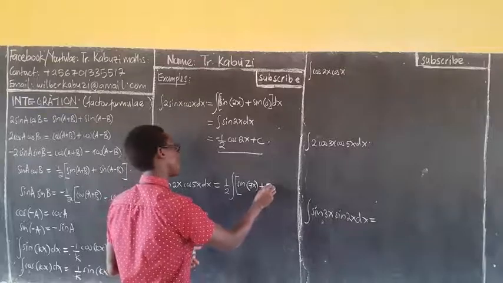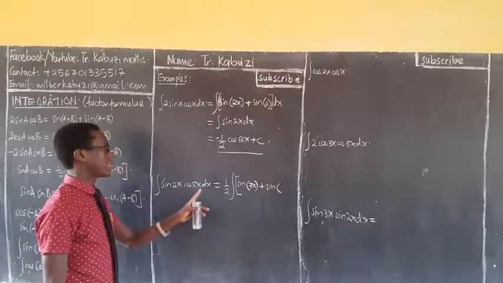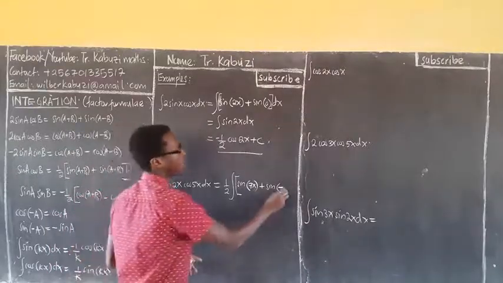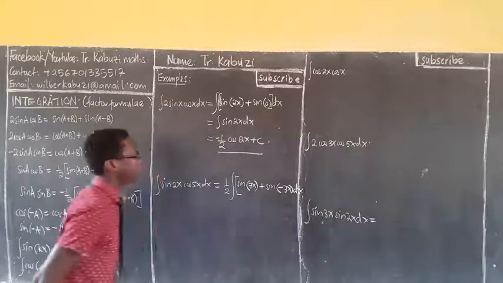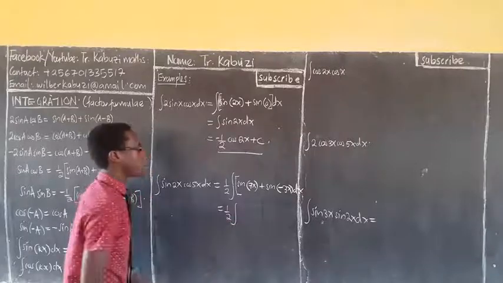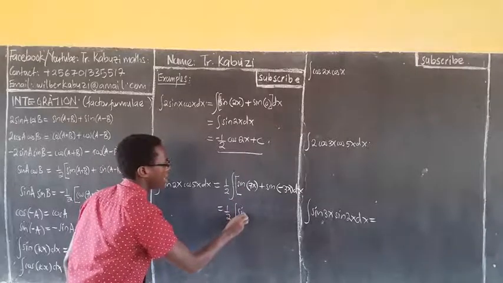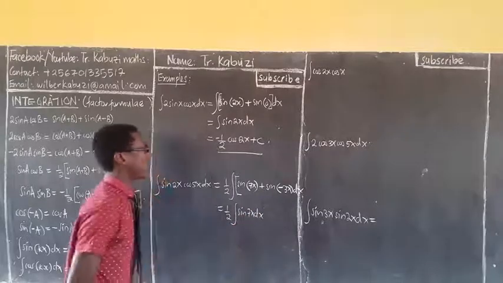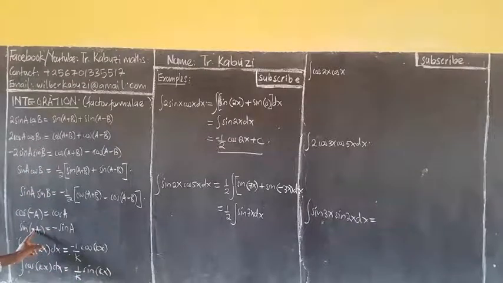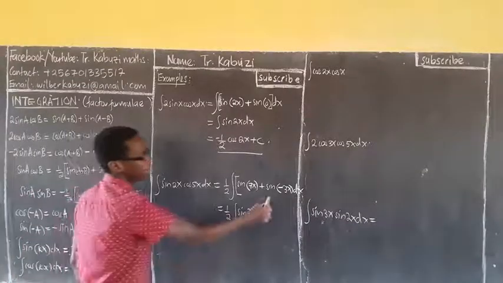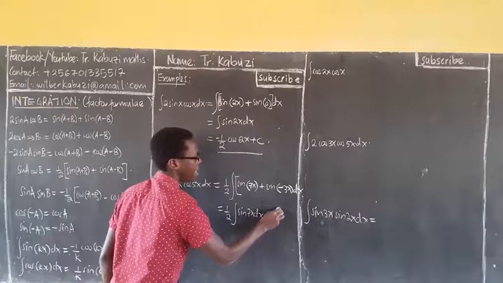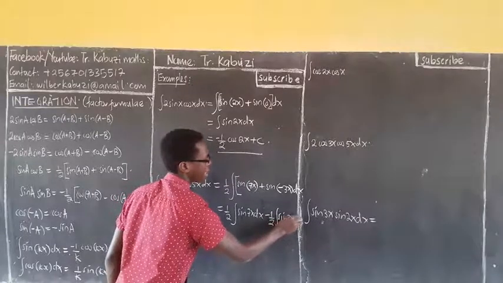Then plus sine of 2x minus 5x, which gives me negative 3x, dx. Sine of a negative is the same as the negative sine of that angle, so we pull out this negative. Remembering I'm multiplying by a half, it will be negative a half, then integral of sine 3x dx.